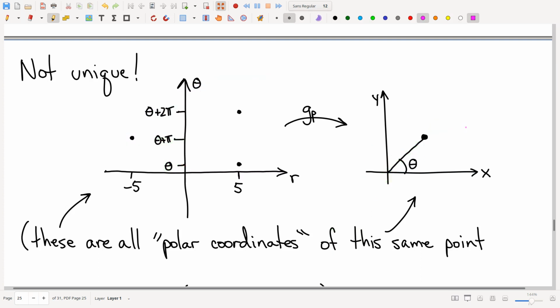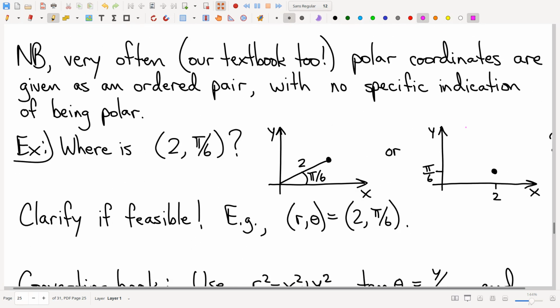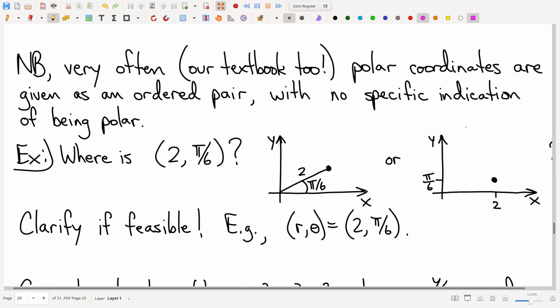Okay. Here's another little annoyance. Now that we have two coordinate systems on the table, whenever we write down a set of coordinates, it is kind of unclear at this point which these are. Are these the x and y coordinates of some point, or are these the r and theta coordinates of some point? Which do I mean? And, well, it's tempting to look at the actual values, and you look at pi over 6 and think, you know what, pi over 6 looks like an angle.